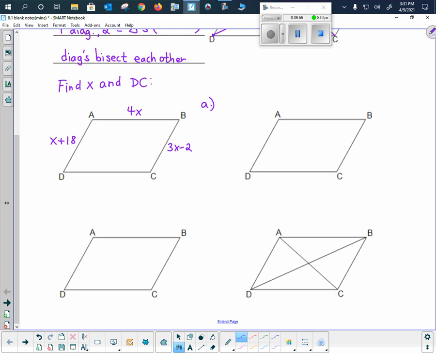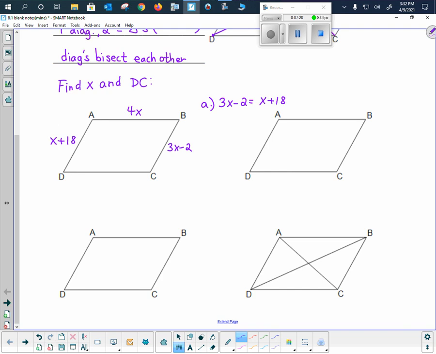Well, I know that 3x minus 2, I just chose the one with the bigger x on the left because you guys like the bigger x's on the left, I know that equals x plus 18. And why is that? That'll be coming up, but why did we know that? Which of the 6 properties did you use? And hopefully you're going to tell me that because opposite sides are equal.